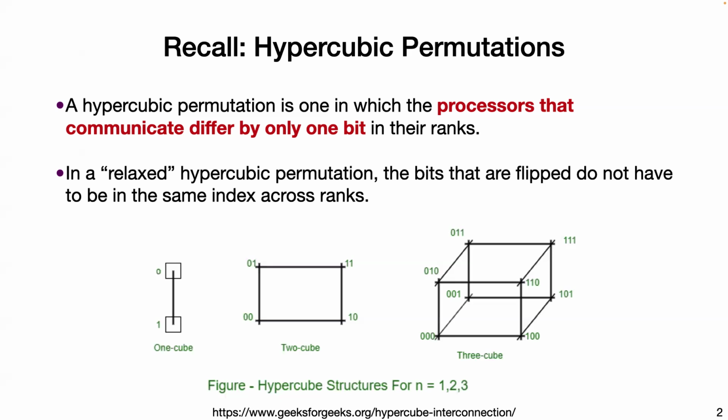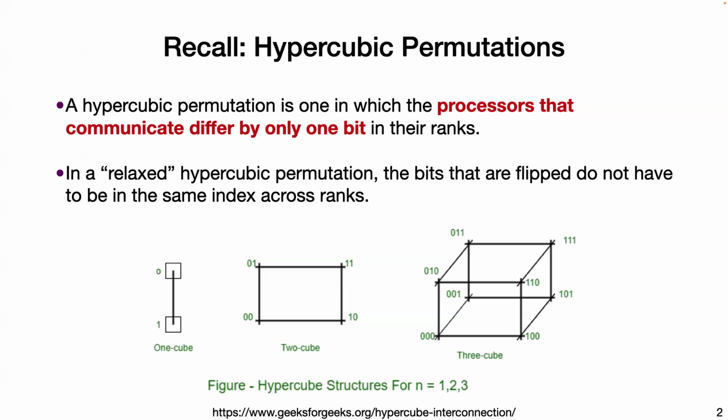So for 1 bit, this is a line. For 2 bits, this is a square. 0,0 is connected to 0,1 and 1,0. But it's not connected to 1,1 directly, because 1,1 differs in 2 bits from 0,0.